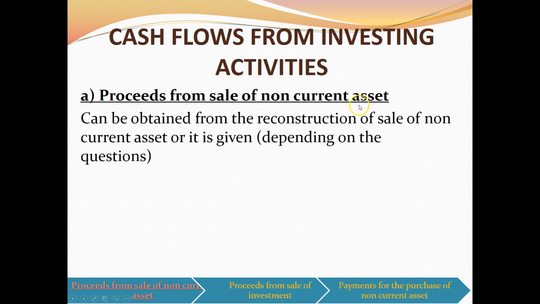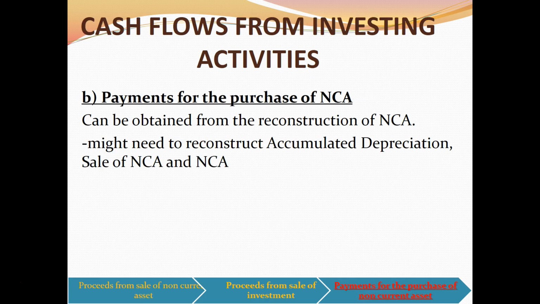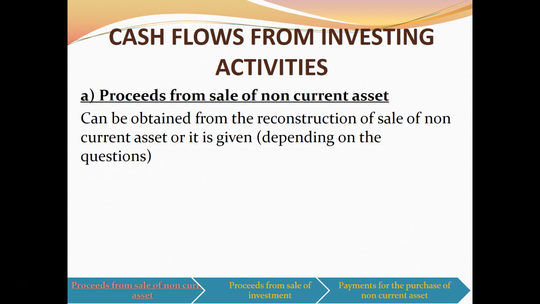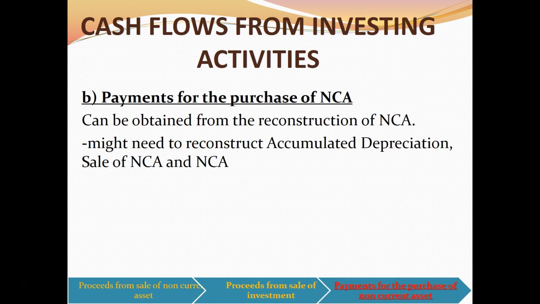So how do we find the amount of money, which we call the proceeds from sale of non-current assets? For this, we have to open the ledgers. Depending on the questions given, we might need to reconstruct certain accounts, either for proceeds from sales of non-current assets or payment for purchase of non-current assets.